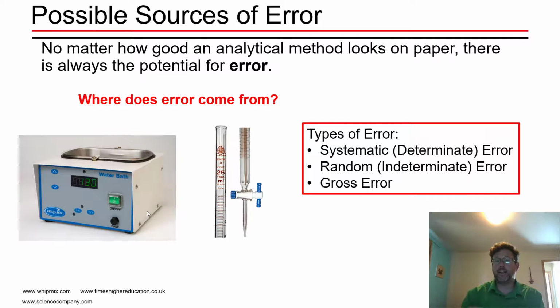It could be something like a spill in the lab or a bad failure to read a piece of equipment correctly. Therefore, you performed the reaction at the wrong temperature, or you had a leak in your pipette or your burette and you didn't notice it. These are all instances of gross error.